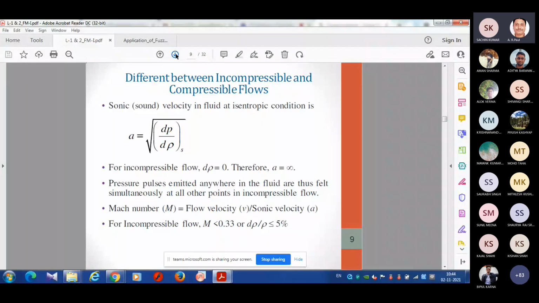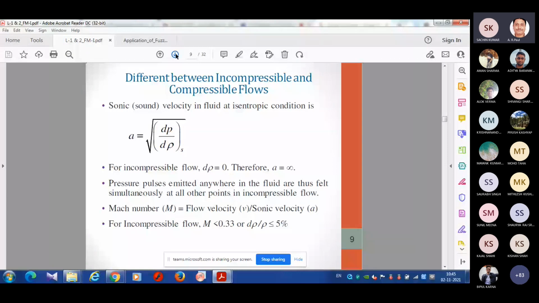Please note the symbol: dp is the change in pressure divided by the change in density. Whenever a sound is propagating in a fluid, the sound energy will try to change the pressure as well as the density in the fluid medium. And if you maintain the isentropic condition, this will be your sonic speed.